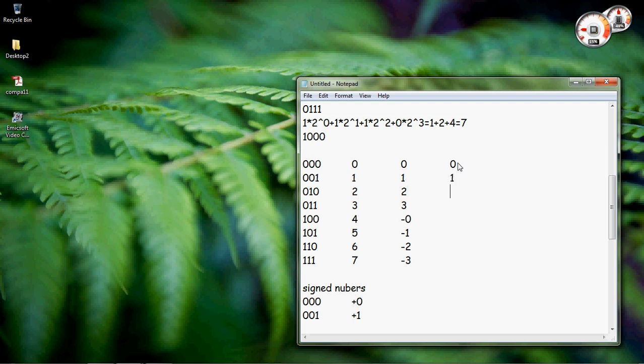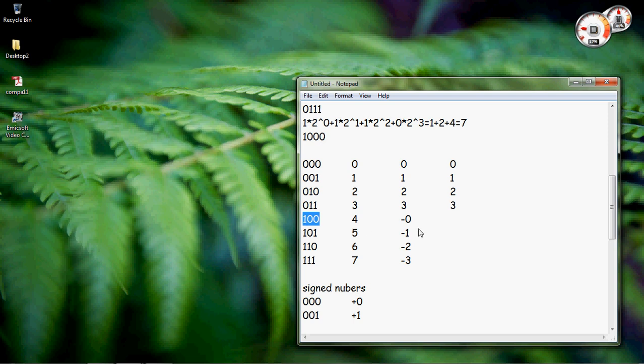The positive numbers are 0, 1, 2, 3, and now if there is 1 at the front, we have to think about which number this is the one's complement of. This is 0 1 1, and if you calculate the one's complement of 0 1 1, it will be 1 0 0.